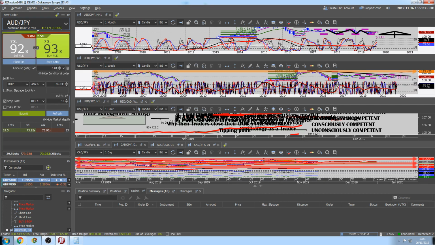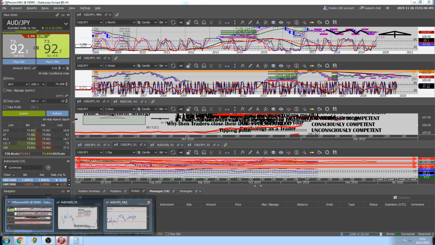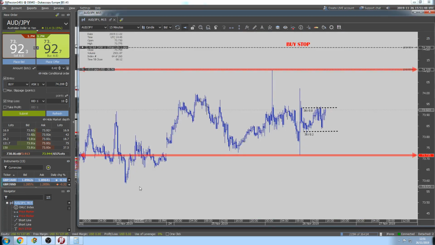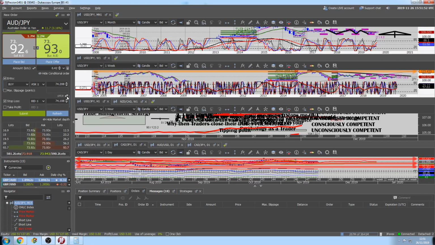Okay, again, 0.42 AUD JPY. I want to ask 74.208. Okay, we have stop loss, not points, but I want a price.